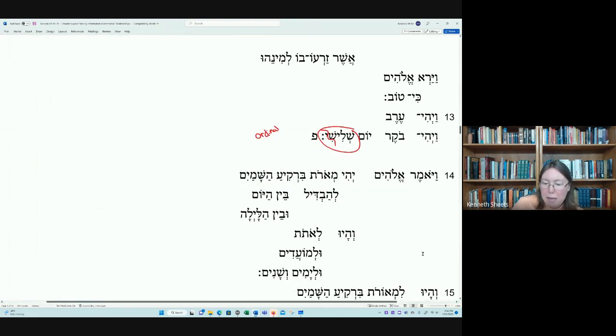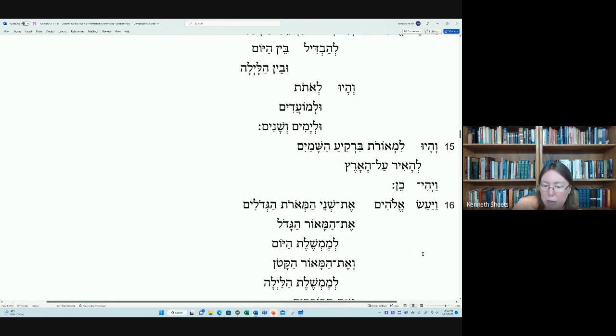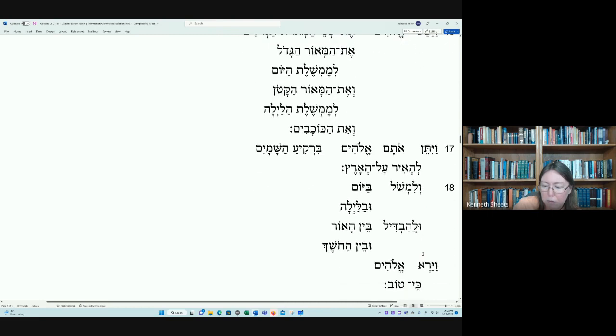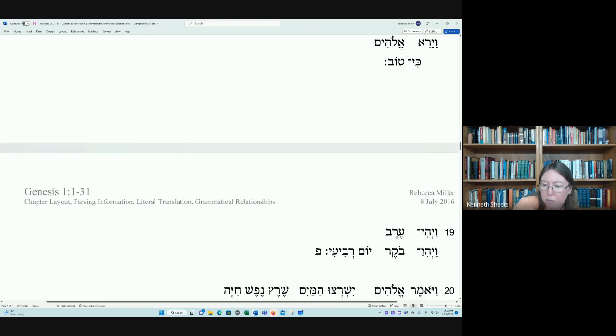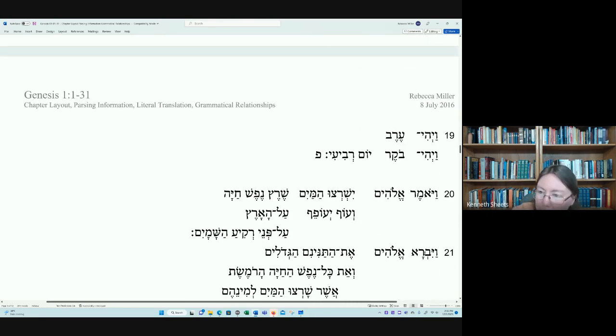And then if we come on down a little bit further, notice here, vayihi erev, vayihi voker, yom ruvi'i. There's our number again. But notice that Hickory ending? Another ordinal number, the ordinal number for fourth.